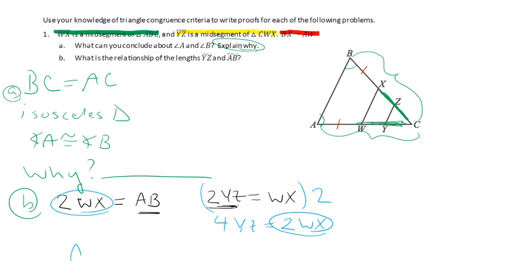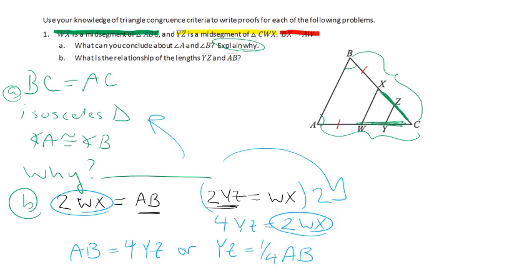So I can say that AB equals 4YZ, or I could say that YZ is 1/4 the length of AB. Again, not too bad. So we're going to allow you to tell me the why, here and here. That's all in my explanation of how I'm talking. I'm not going to write that down, to make sure that you guys are paying attention.